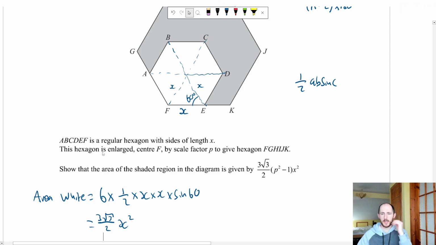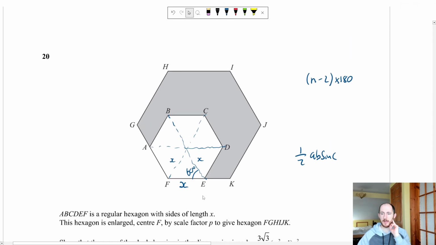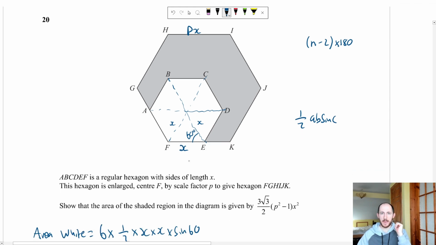So it then tells me about the bigger hexagon, that it's enlarged by scale factor p to give the bigger hexagon. So that means each length is now px instead of x. To work out the area, we can do the same thing, because again, that enlarged hexagon is still made up of 6 identical triangles, but instead of the length being x like it was here, the length is going to be px.